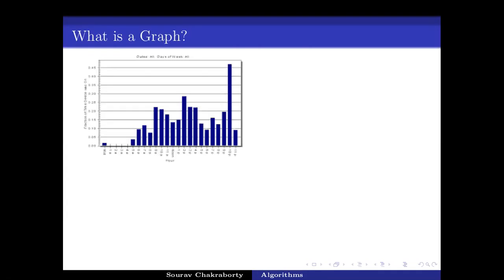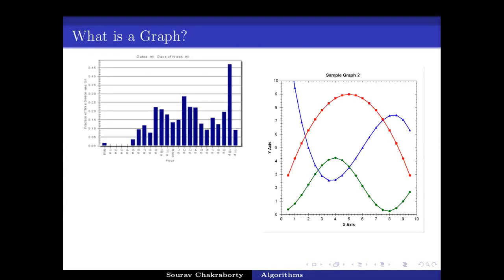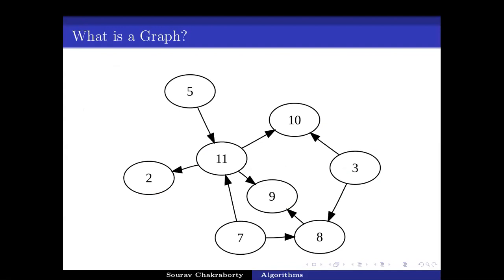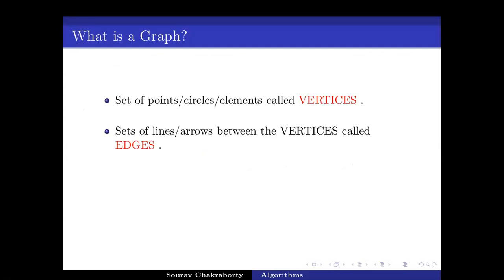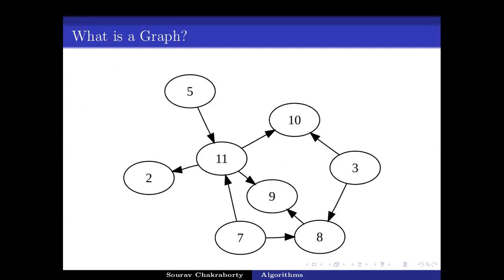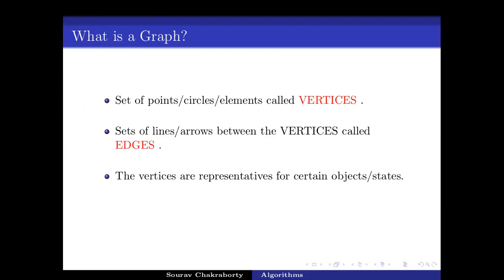This is a bar chart kind of thing, and this is another kind of graph thing. But the graphs we'll be considering are not either of them. We'll be considering something more abstract that helps us simplify the whole situation. A graph is a set of vertices and a set of edges, and vertices are connected by edges among themselves.